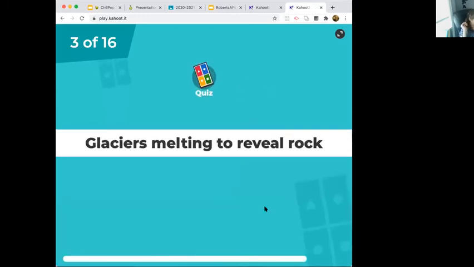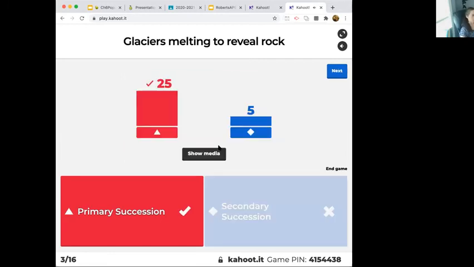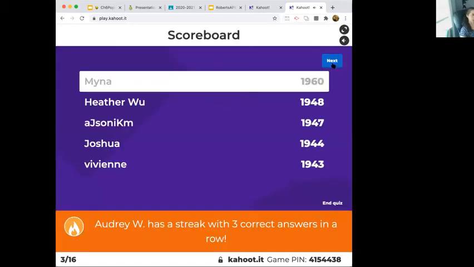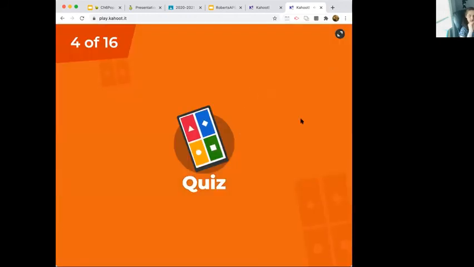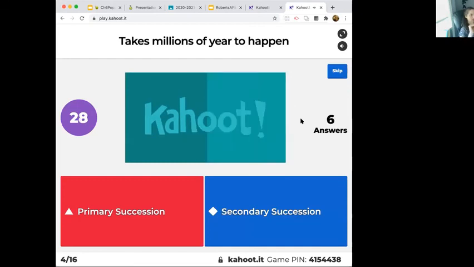Glaciers melting to reveal rock. Okay. So again, anytime we see bare rock, we're gonna be primary, whether that's lava flow that hardens or a glacier melting.